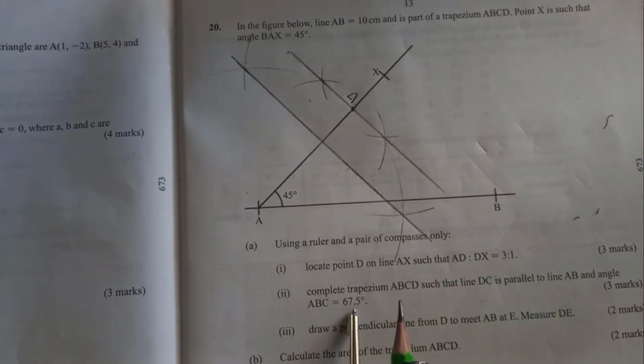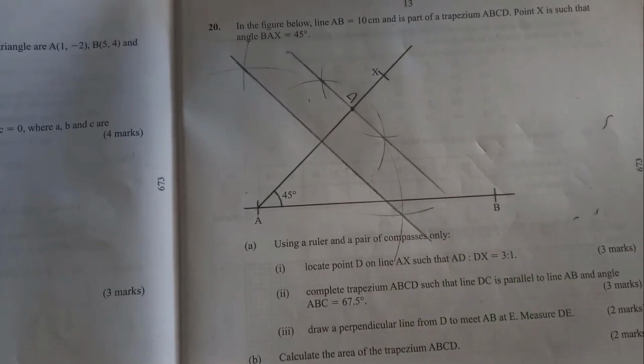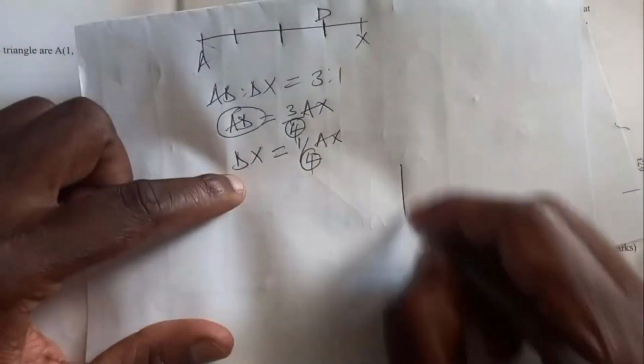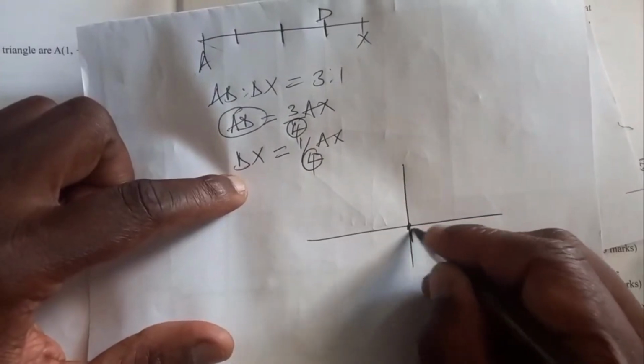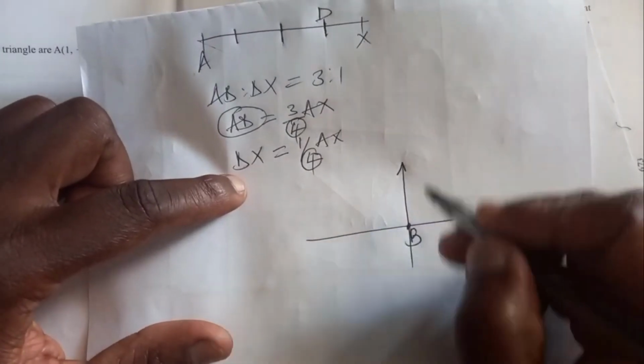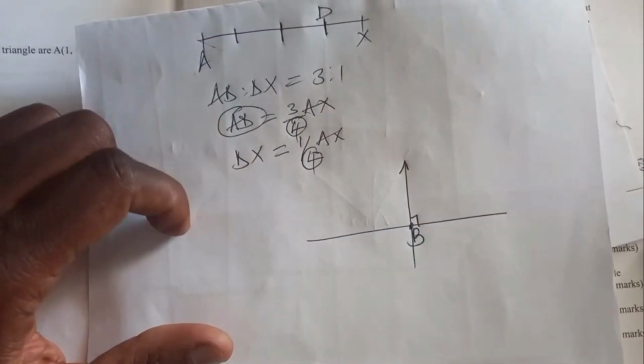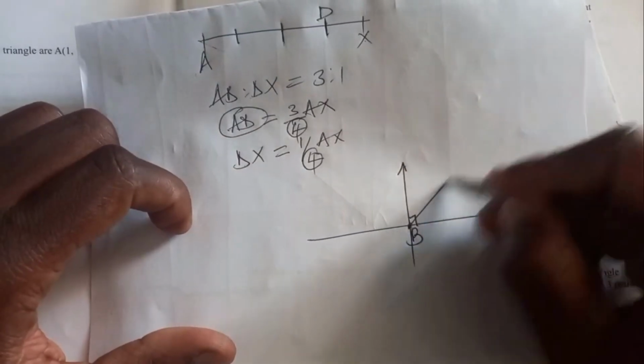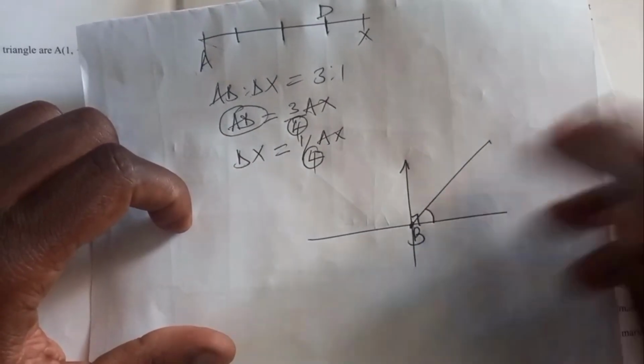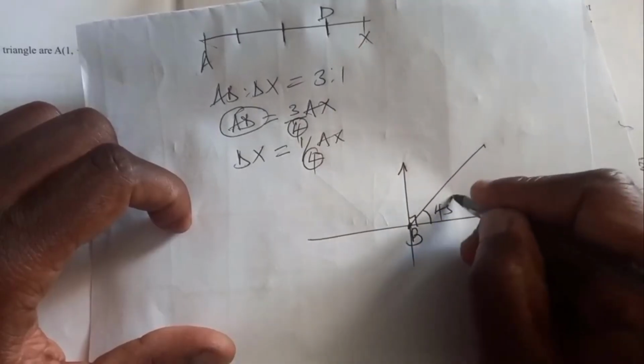So how do we construct 67.5 degrees? I am going to demonstrate how we do it. You have point B here, so you have to construct 90 degrees first. Then after you construct 90 degrees, you bisect it, and on the right hand side you get 45.